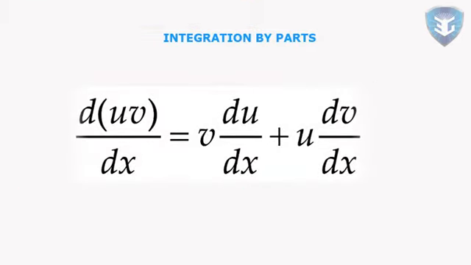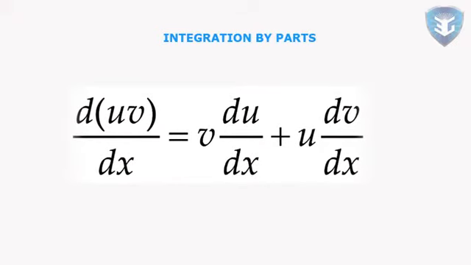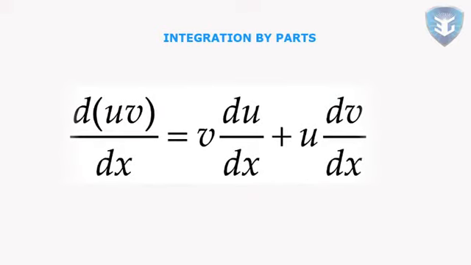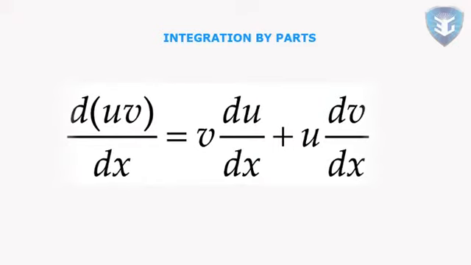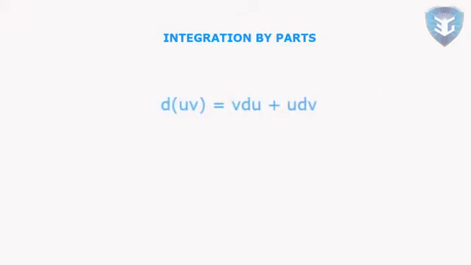Suppose that u(x) and v(x) are two differentiable functions, then we know that the derivative of their product is shown on the screen. Or in differential notation as shown. Integrating both sides we obtain what is shown here on the screen.